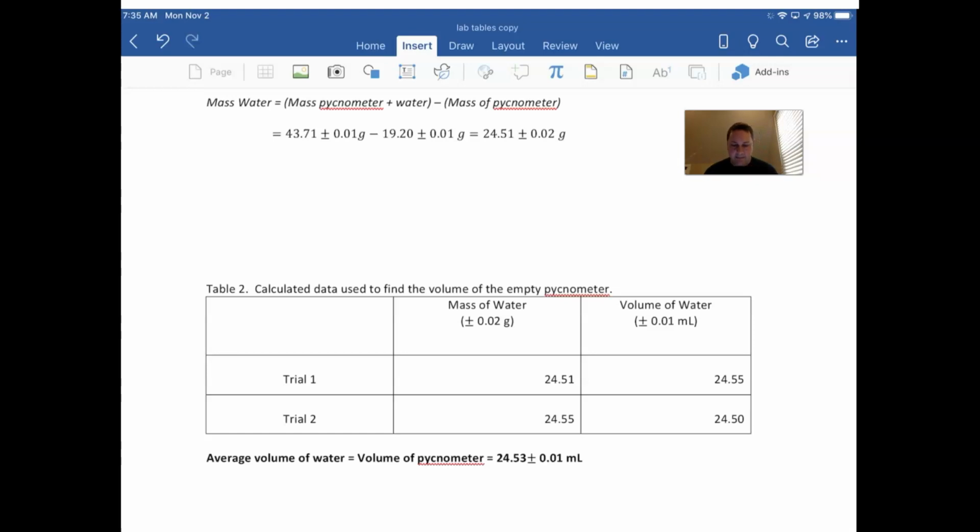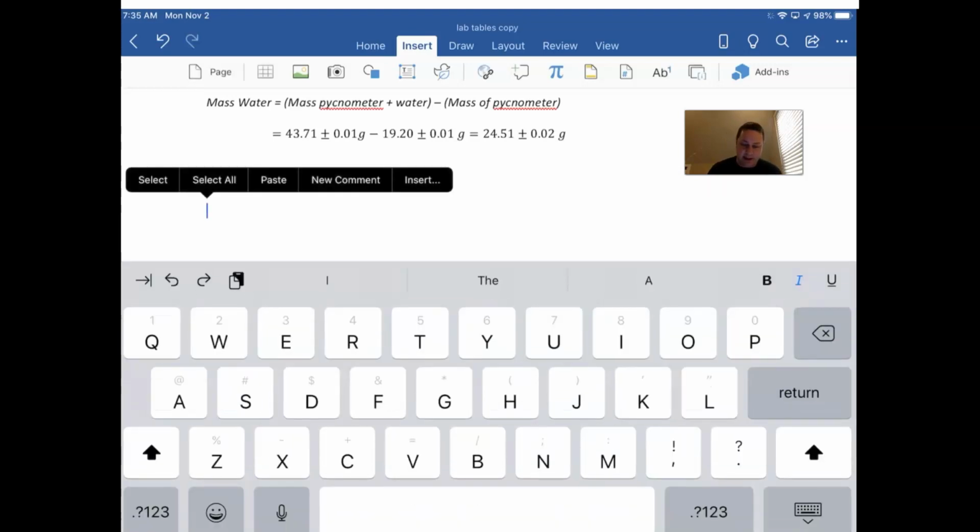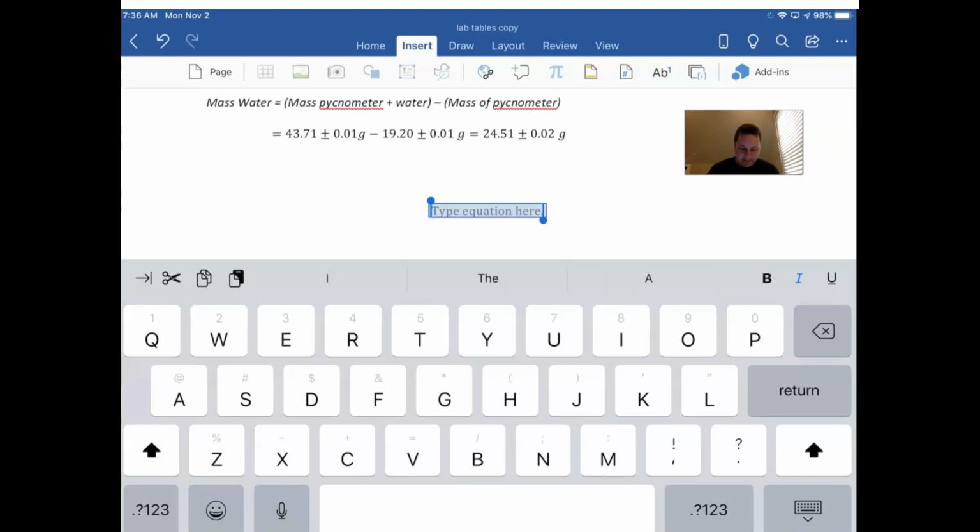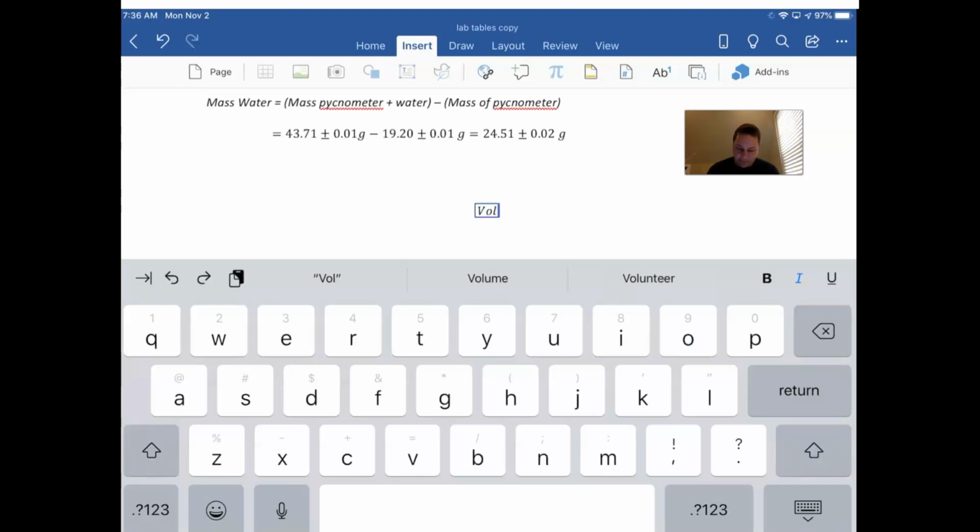And this time I think I'm actually going to use the equation editor for my sample calculation. So let me do that. And this is going to be volume of water. And it equals, I believe this one is the mass of the water over the density of the water.